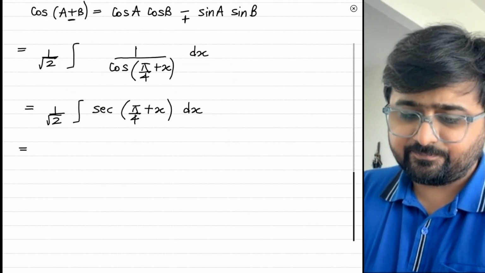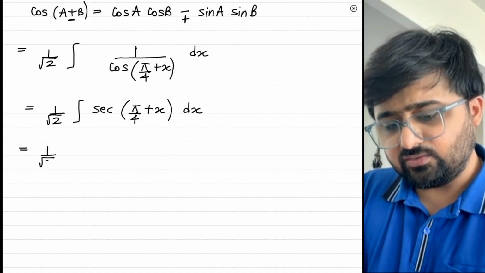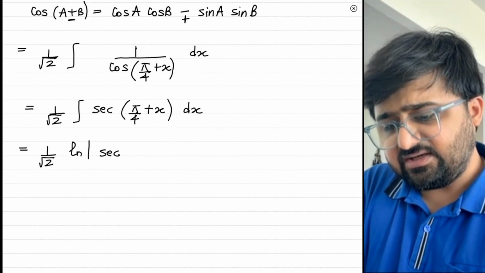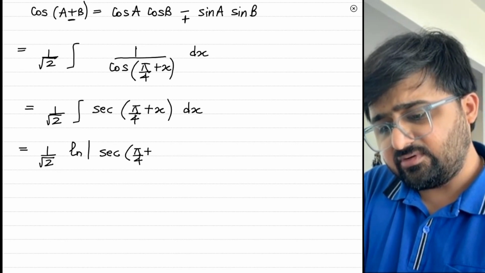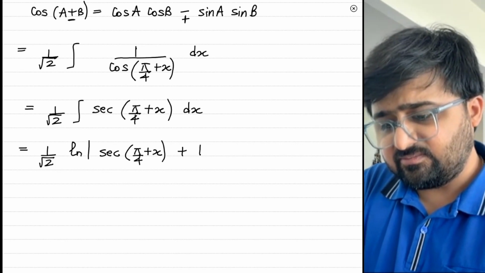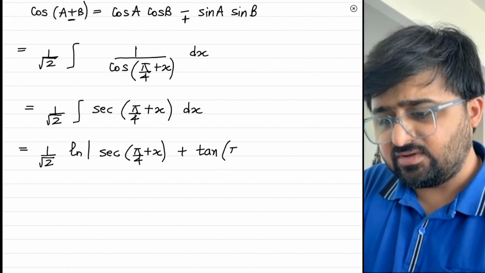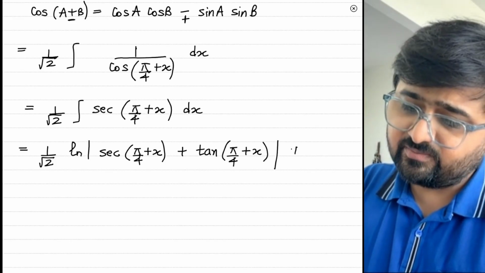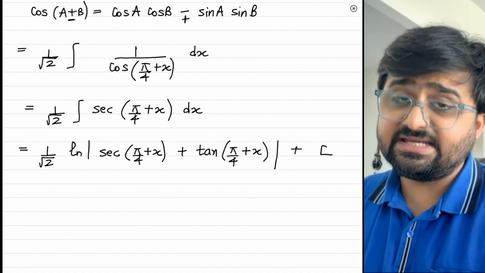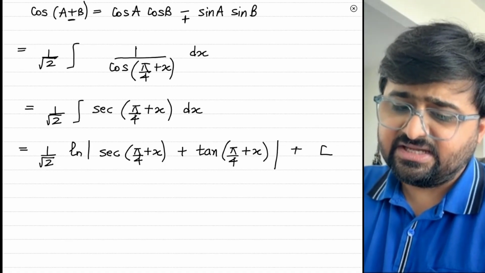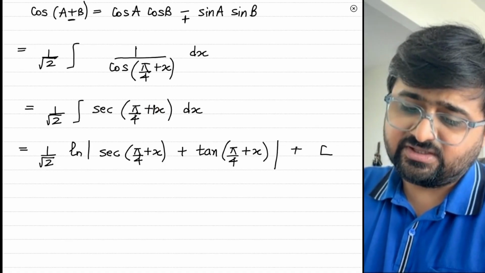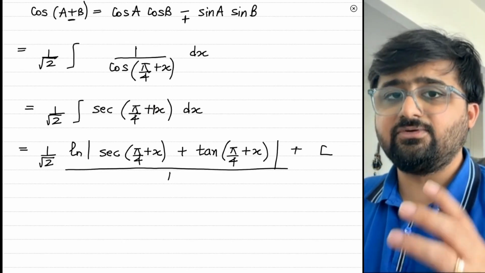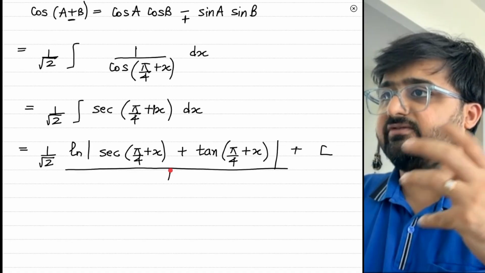So I will have 1 over root 2 ln of mod of sec of pi by 4 plus x plus tan of pi by 4 plus x. Let's close the mod, plus let's add the constant of integration c. In this case, the coefficient of x is 1, so it doesn't matter if you don't divide by 1, but remember in integrals you generally have to divide by the coefficient of x after integrating.